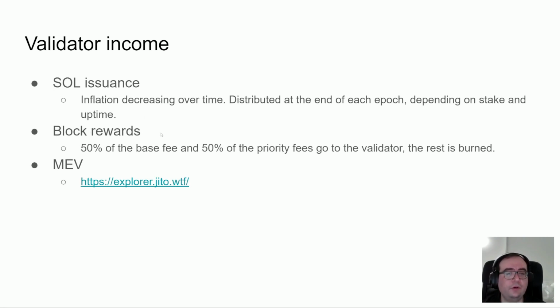Then we have block rewards, because validators also earn from transaction fees. You have 50% of the base fees and 50% of the priority fees going to the validator, while the rest is burned. And this is something that will change. We know already it will change. It's not a good idea to burn a part of the priority fees.